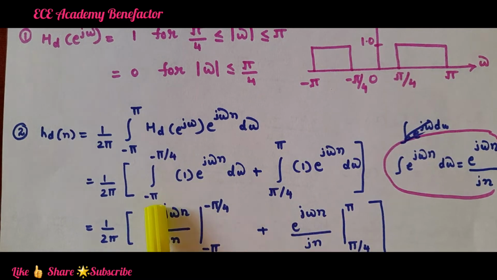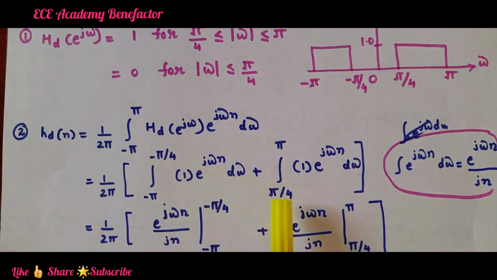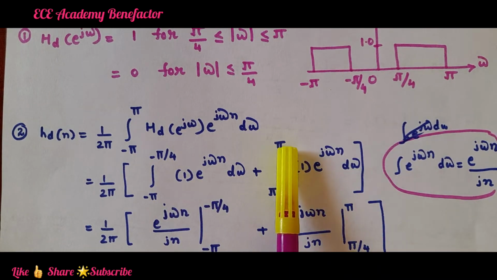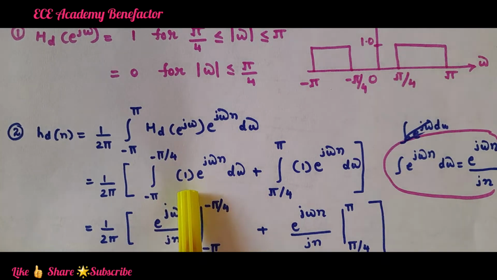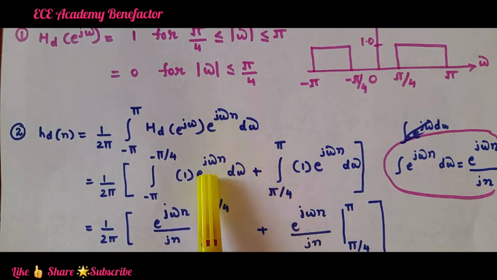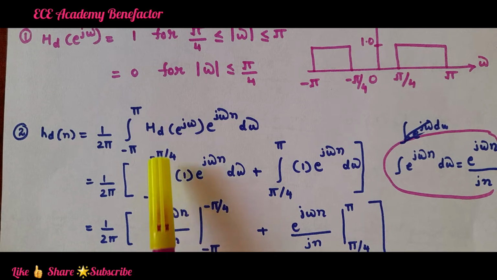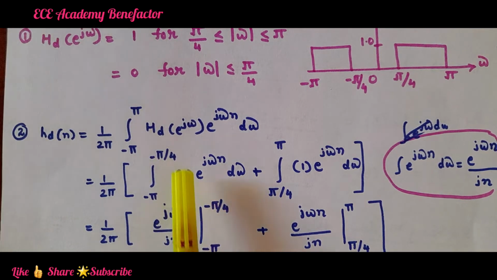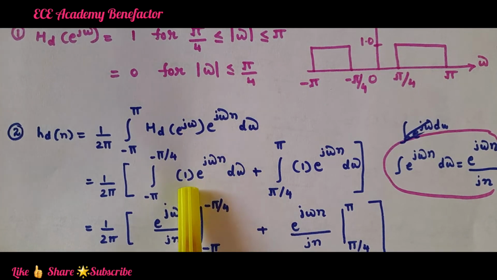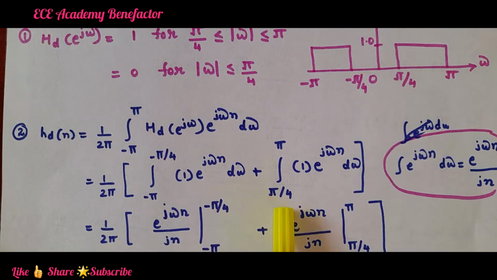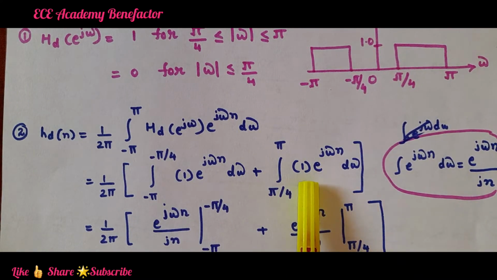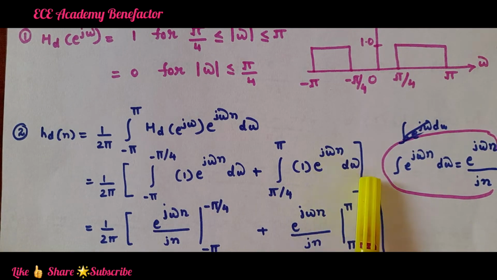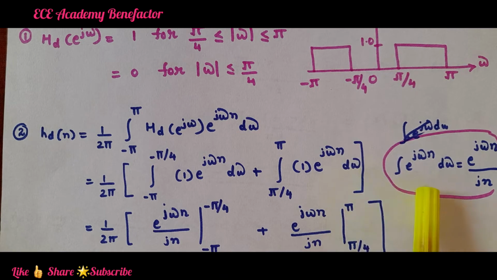One is from minus pi to minus pi by 4, the other integral is from pi by 4 to pi. Minus pi to minus pi by 4 HD of e to j omega times e to the j omega n, and in this range its value is 1, plus integral pi by 4 to pi HD of e to j omega, its value is 1, e to the power j omega n d omega.